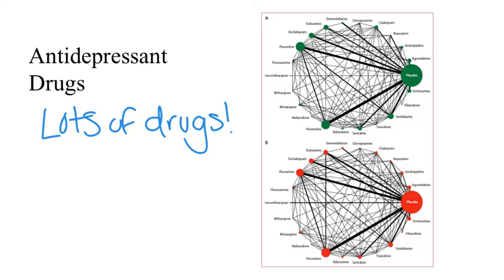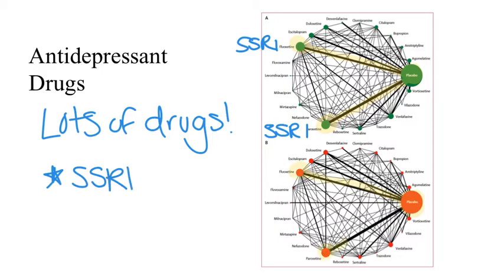In general, what you can glean from this image is that the majority of studies have compared fluoxetine to placebo, where fluoxetine is an SSRI, and paroxetine to placebo, which again is another SSRI. The SSRIs have been tested most commonly compared to all other agents listed here.